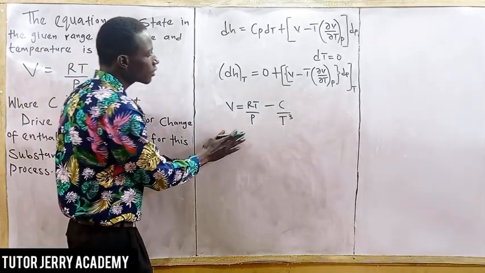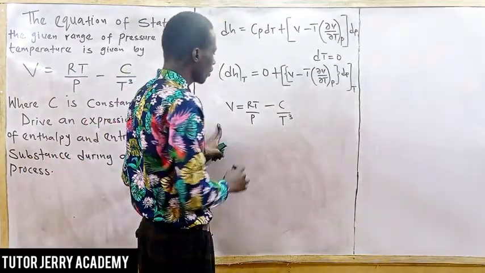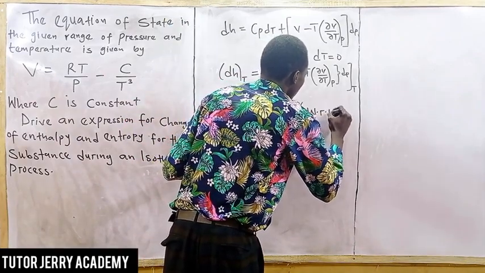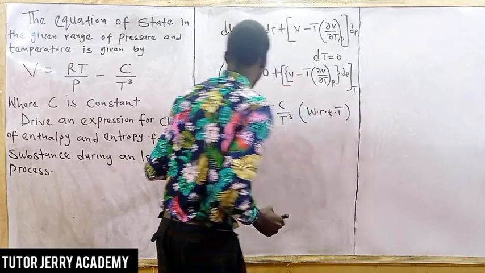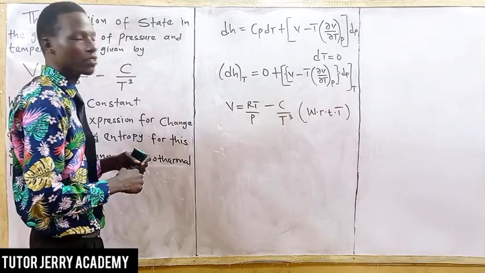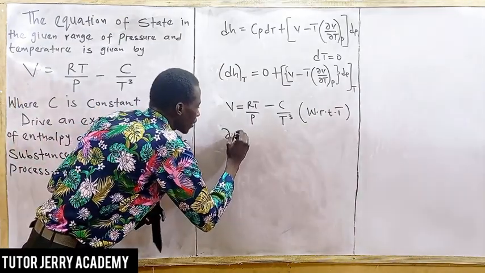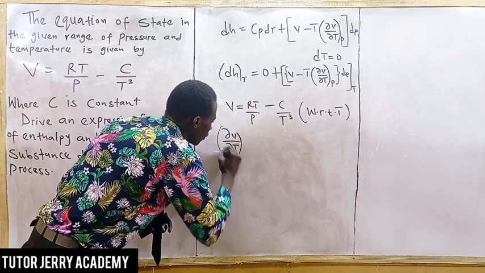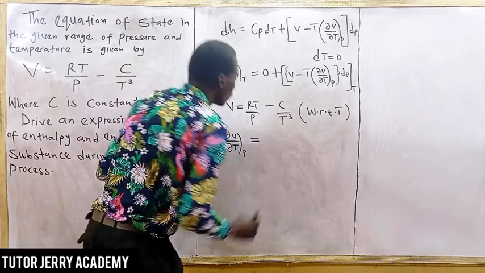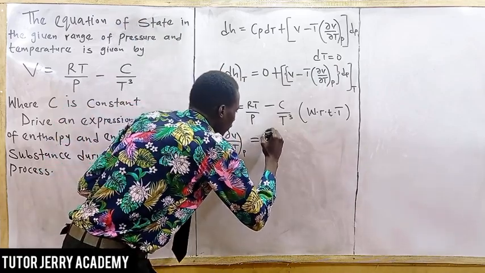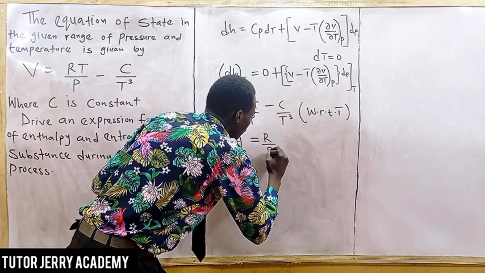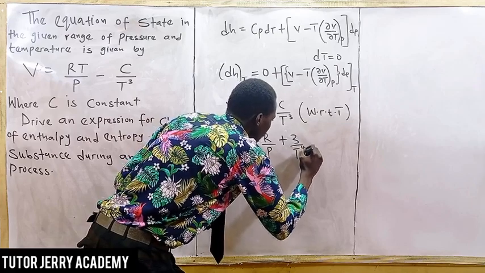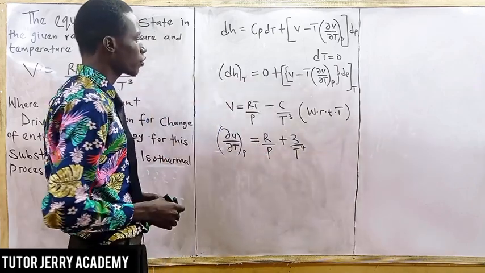If we differentiate this equation with respect to T, we have the partial derivative of V with respect to T, keeping P constant, equal to R over P plus 3C over T to the power of 4.